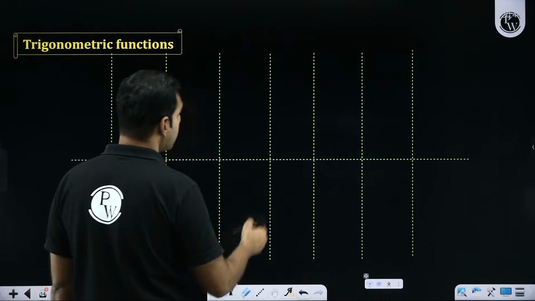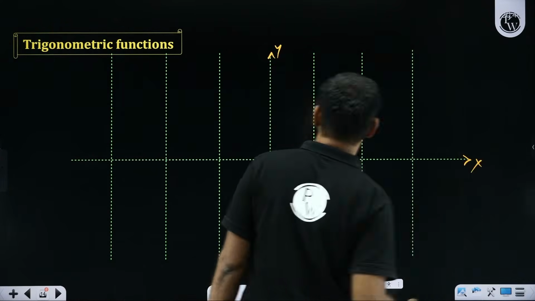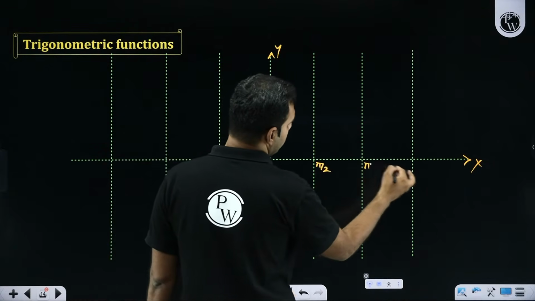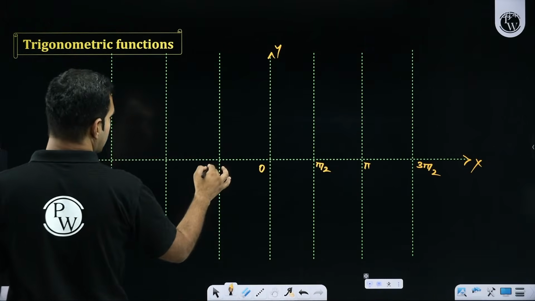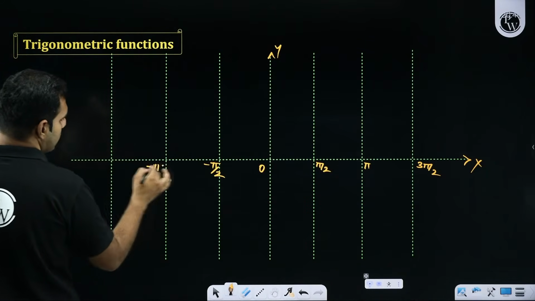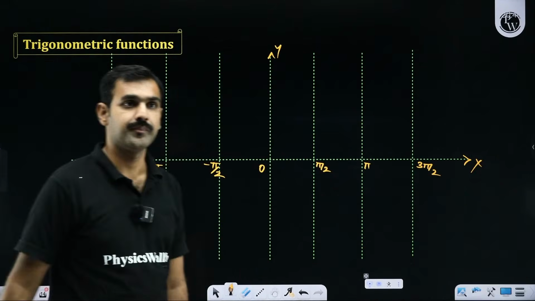I'm locating some points like 0, pi by 2, pi, 3 pi by 2, 2 pi, and so on. Similarly, minus pi by 2, minus pi, minus 3 pi by 2, minus 2 pi, and so on.